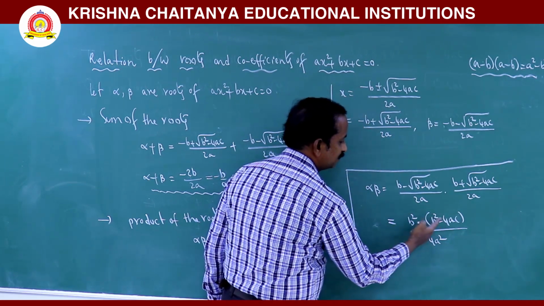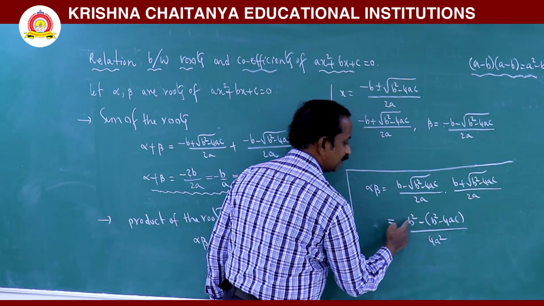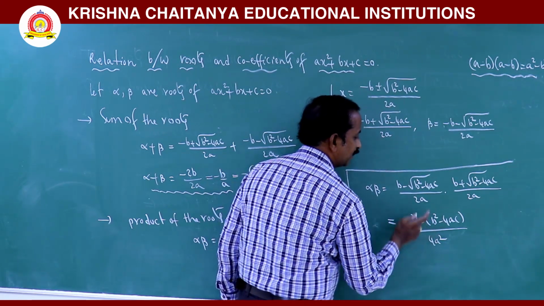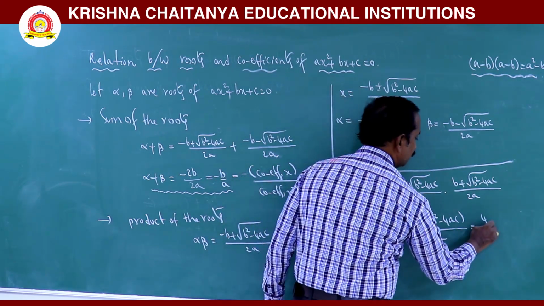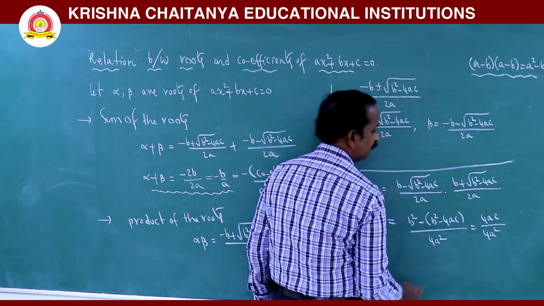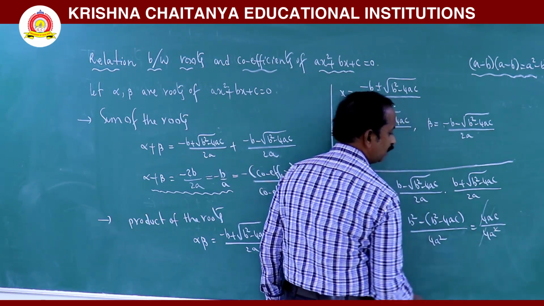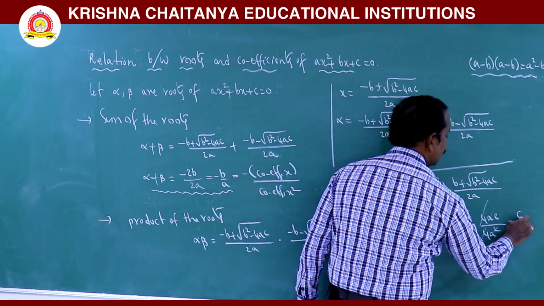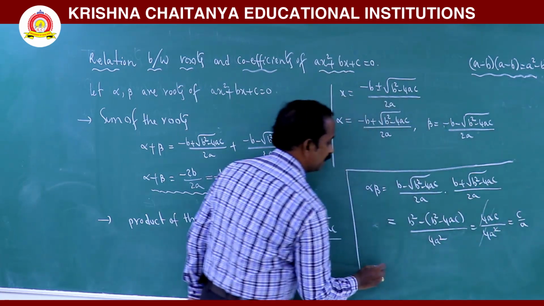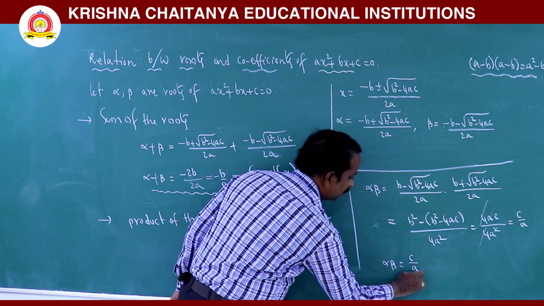Now after simplification, b square minus b square get cancelled, minus of minus is plus, what is remaining is 4ac divided by 4a square, and 4 gets cancelled, one a also gets cancelled, and the remaining term is c by a. So alpha into beta is equal to c by a.